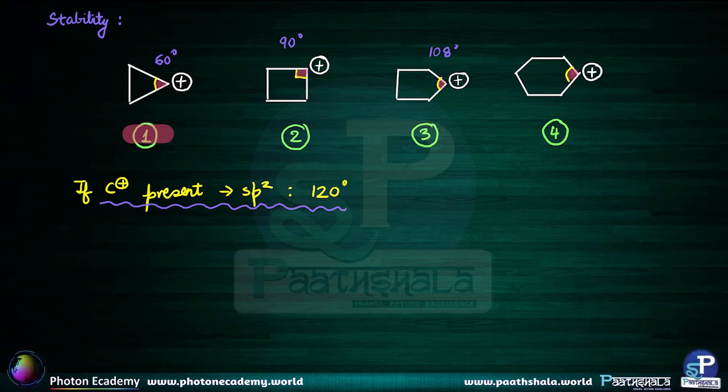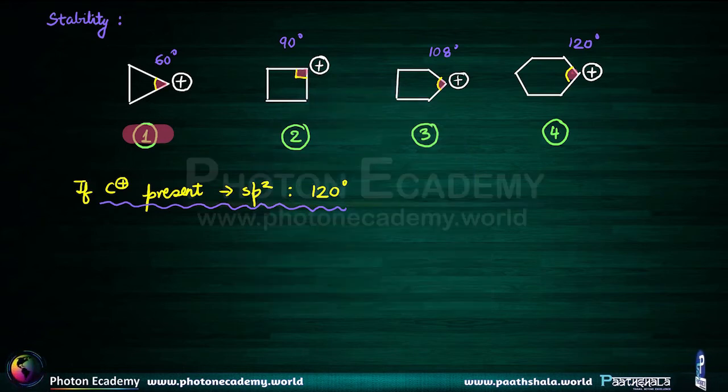What does that tell us? We know that a carbocation is sp2 and has a bond angle of 120 degrees. So wherever the carbocation has an angle of 120 degrees will be the most stable.